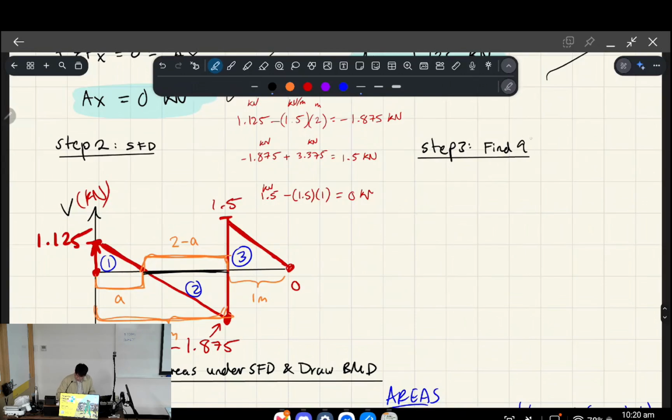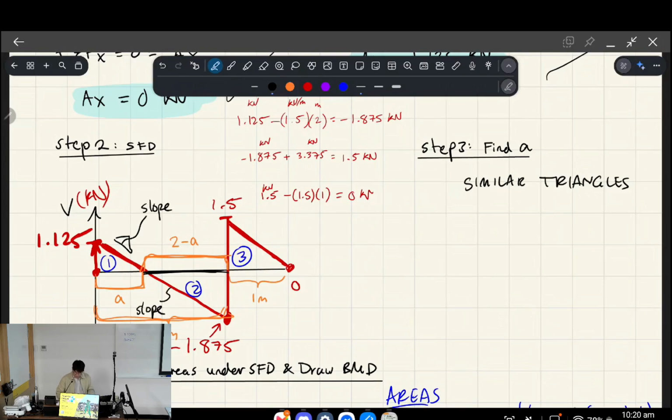So we can actually find what A is through a method called similar triangles. It's basically abusing the fact that we know the slope of this triangle is the same as the slope of this triangle.